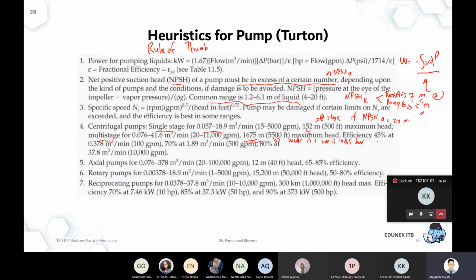And you can see also the typical efficiency. Again, this is just a number. The actual number has to be provided by the pump curve itself, but at least you know the typical range. Okay, that's what's important. So if someone said to you that the pump efficiency would be like 95%, just say that it's impossible.